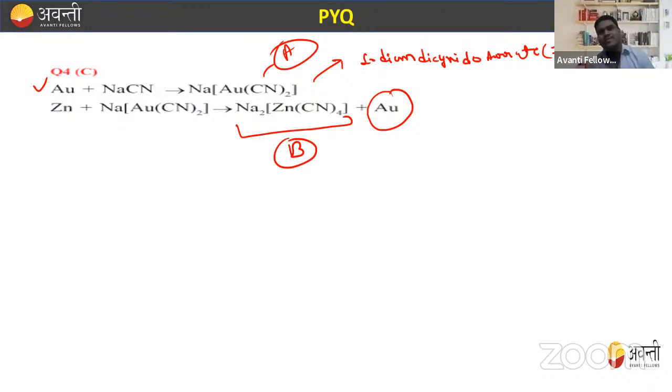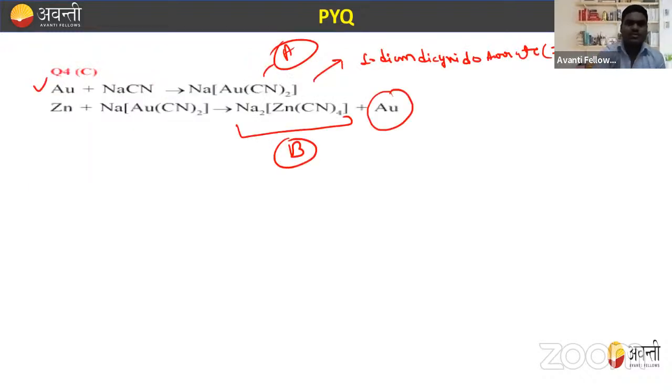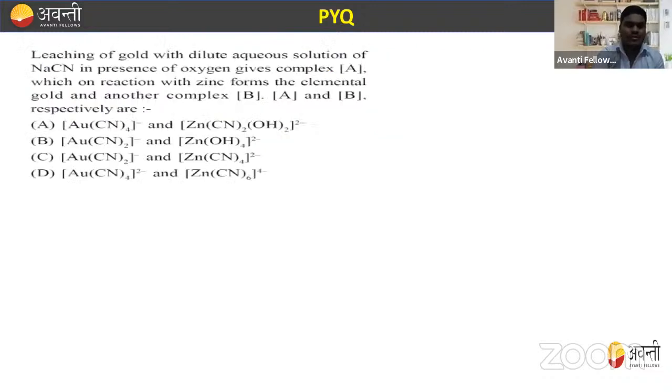Don't worry about the name, because we are going to write names in coordination complexes, right? For coordination complexes, we know how to write the name of a complex. On the same basis, I wrote this name. So according to this question, what they asked, beta, and the correct answer is the formation of [Au(CN)2]- and [Zn(CN)4]2-. The correct option is absolutely C, that is [Au(CN)2]- and [Zn(CN)4]2-. I hope it is clear to you?